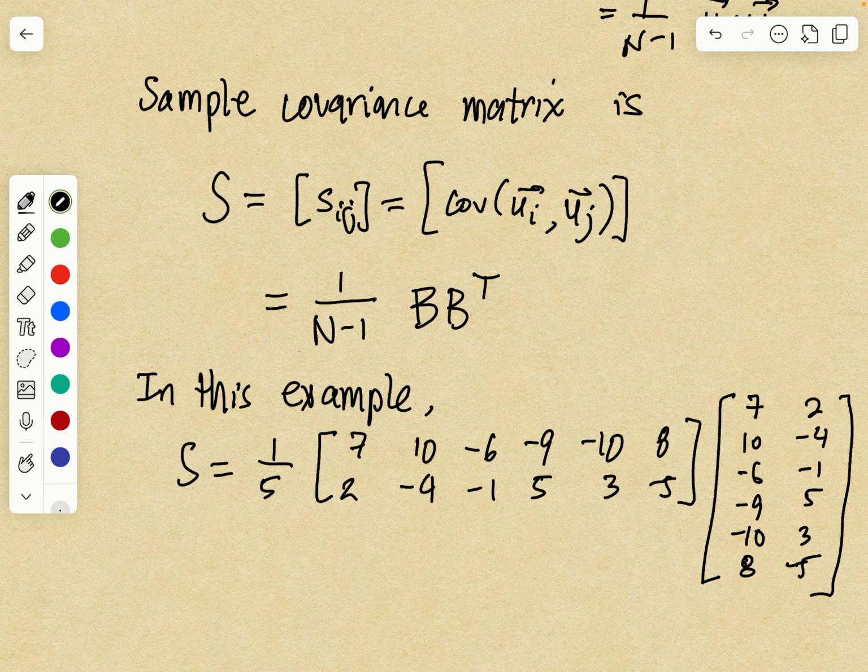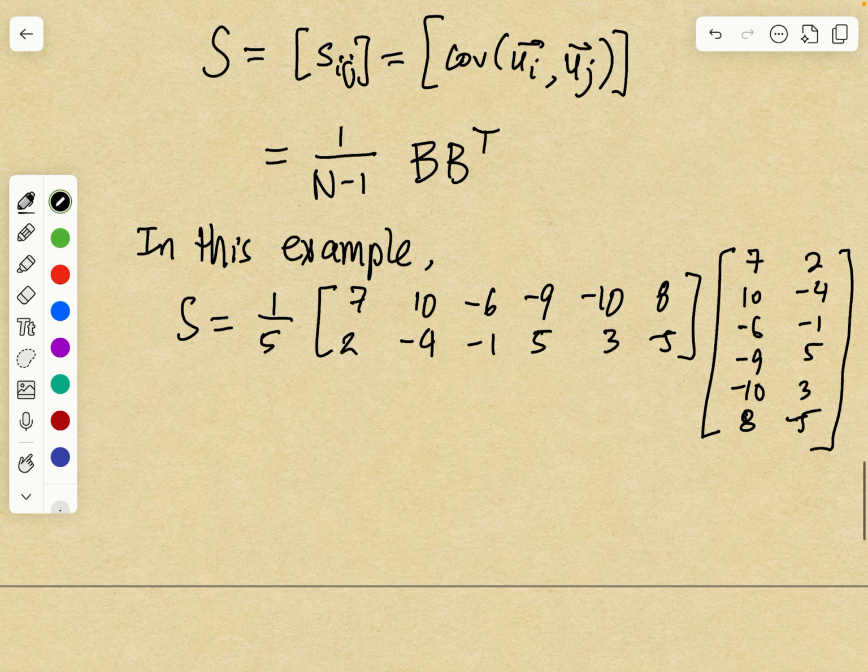The reason is that the 1, 1 entry is obtained by taking this first row and taking the dot product with this first column. That's just the dot product. The 1, 2 entry is found by taking this vector and multiplying it by that vector, which is just the dot product of these two vectors.